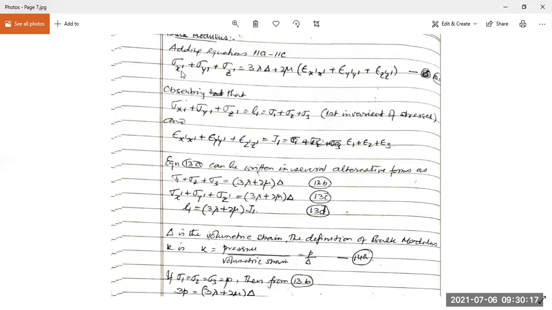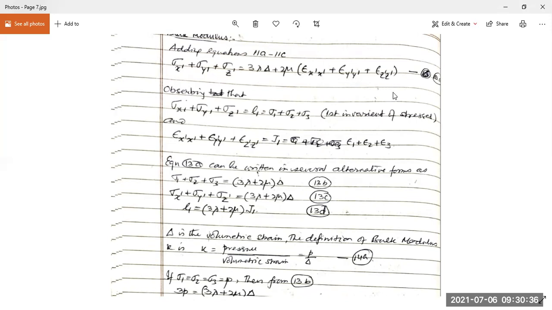Now, we have sigma x dash plus sigma y dash plus sigma z dash equal to 3 into lambda delta, because lambda delta is the same everywhere, plus 2 into mu into epsilon x dash x dash plus epsilon y dash y dash plus epsilon z dash z dash.